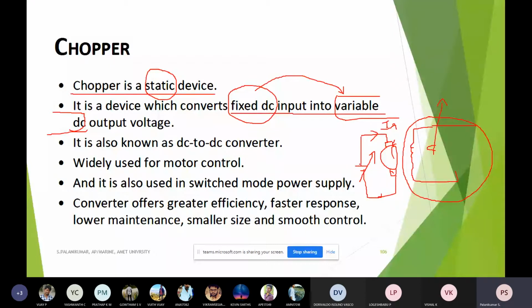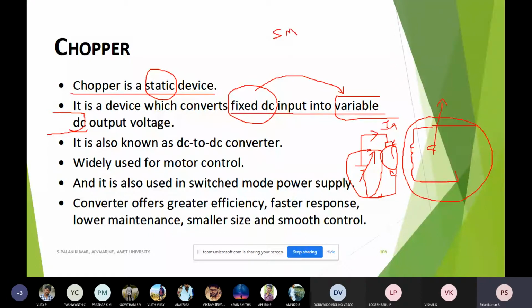This concept of variable DC is realized by means of choppers. It is widely used in industries for motor control, especially DC motor control. It is also used in the switched mode power supply (SMPS).